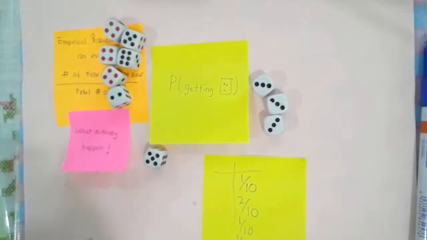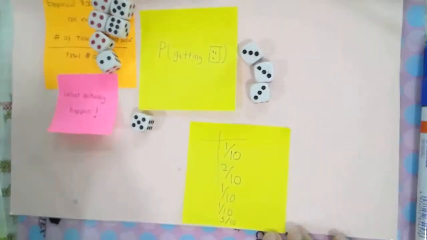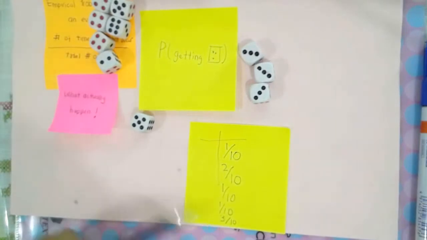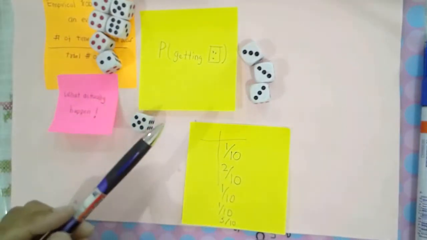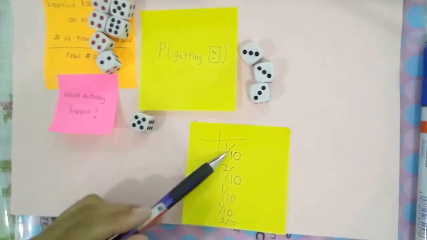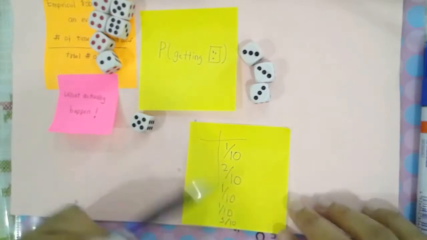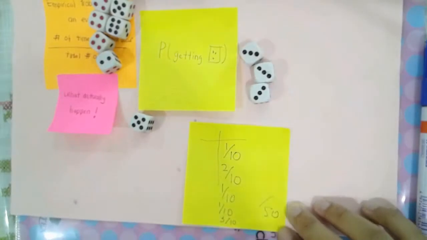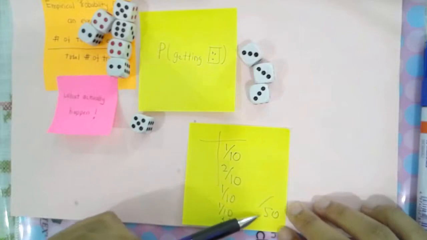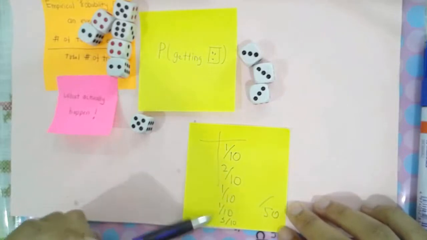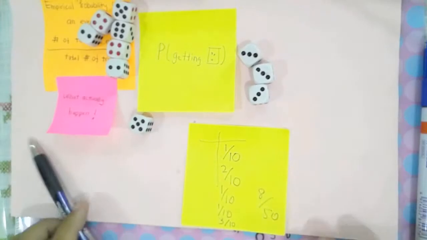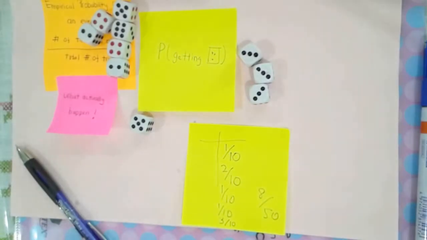As we can see, empirical probability gives you different probability values depending on your experiment. If we perform, how many trials just now in total? 50. How many times did our event of interest occur out of 50 trials? 8, which is 8 over 50.